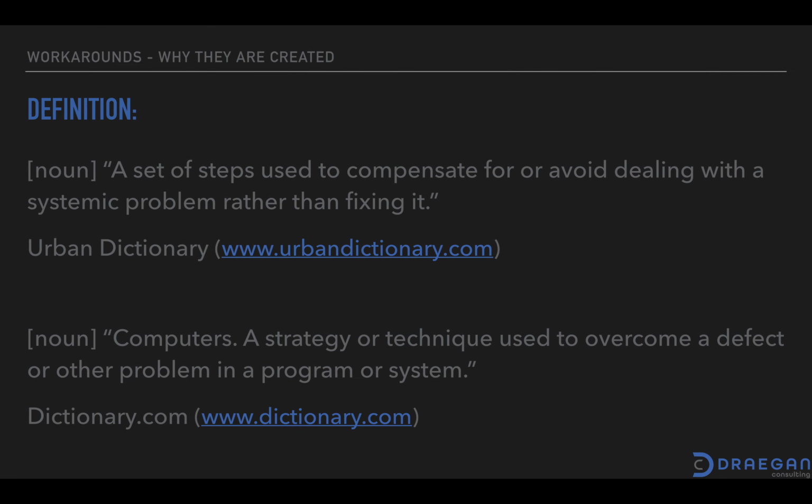I pulled a couple of definitions off the web for what a workaround is. The first one's from Urban Dictionary, and it indicates that workarounds are a set of steps used to compensate for or to avoid dealing with a systemic problem instead of fixing it. Dictionary.com defines workarounds as they pertain to computer use: a strategy or technique used to overcome a defect or another problem in a program or system.